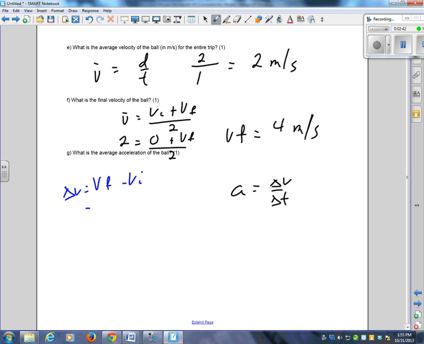In this case, it's 4 minus 0. It is the number 4, but not because the final is 4. It's because the final is 4 and the initial is 0. So now you would go 4 over, what's the time? 1 second. 4 meters per second squared. And yes, the meters per second squared is important.